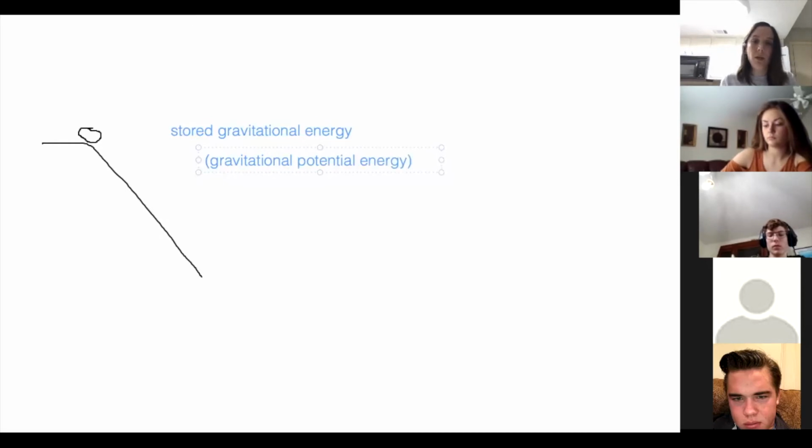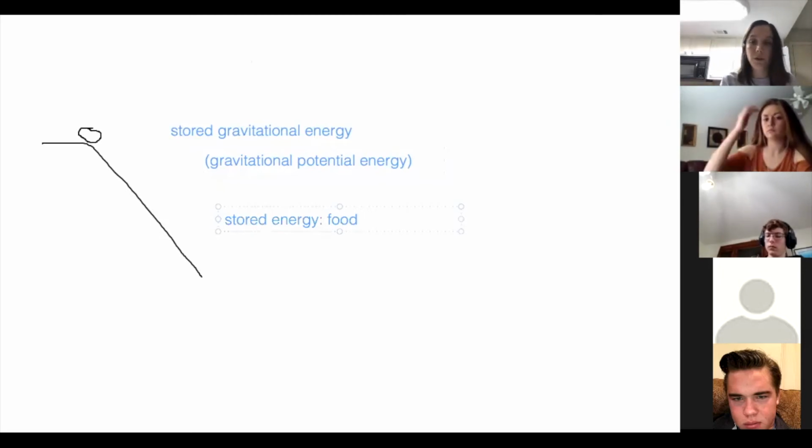Because gravity can be used to accelerate things, as you know, but it can also be stored. In this case, the boulder is not moving, so it's stored energy. It has the potential to move, but at this point it's not. Other examples of stored energy would be food.